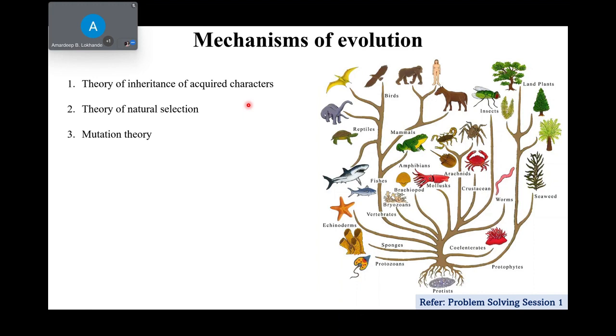Because these can self-multiply, what we do is we remove these genes and put our genes of interest and put it back into the bacteria, so that when the bacteria is reproducing, this plasmid is also able to reproduce. And when that happens, the gene of interest that we want to amplify can be amplified in the bacterial cells, and later we can harvest the desired protein from the bacterial cell. So I just wanted to give an idea about the recombinant DNA technology that we use.